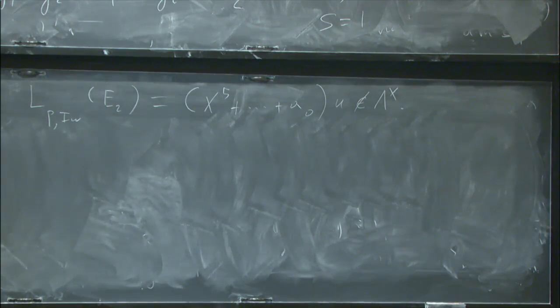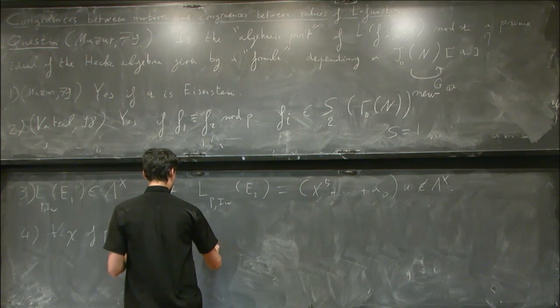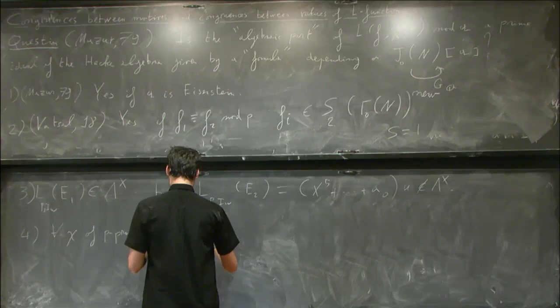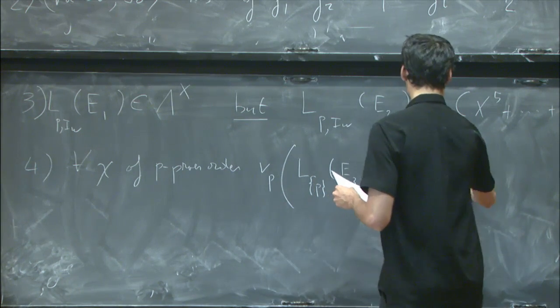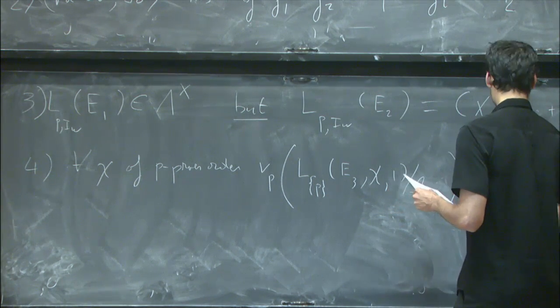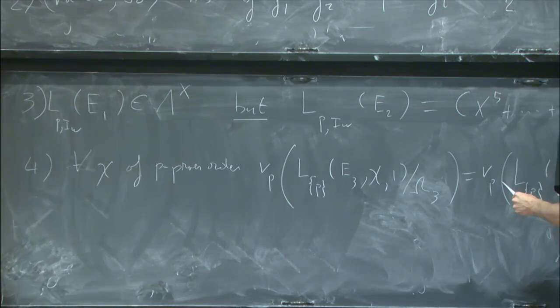And likewise, if you look at the elliptic curve E3 and the modular form that were congruent modulo 3, then you can check that for all characters chi of p-power order, the p-adic valuation of the special value of E3 twisted by chi at 1 is equal to the p-adic valuation of the modular form F at 1, and that is actually 0.